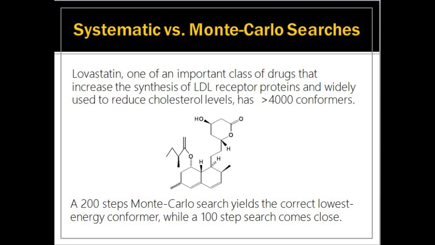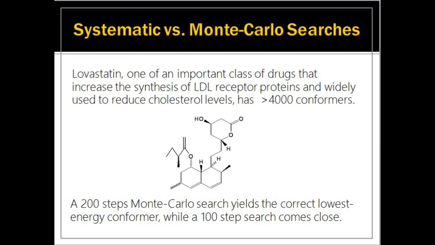I always show this slide to show you the advantage of Monte Carlo theory when you can use it. This is one of the statin drugs, and there are about 4,000 conformers of this drug. So it's typical, smallish. If you want to find the best one with systematic, you have to look at all 4,000.